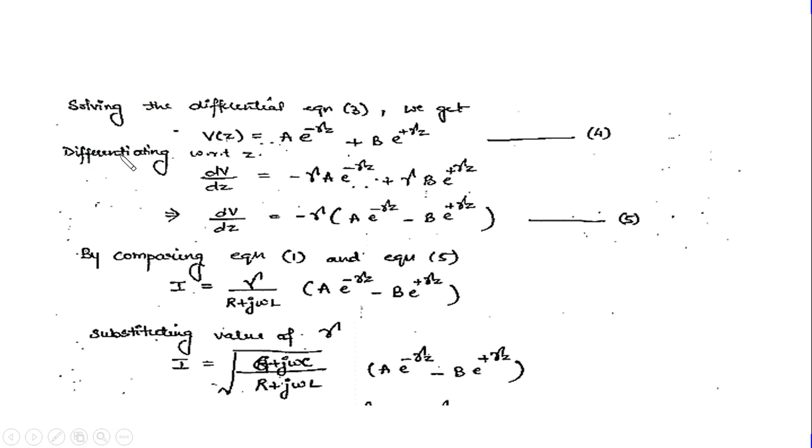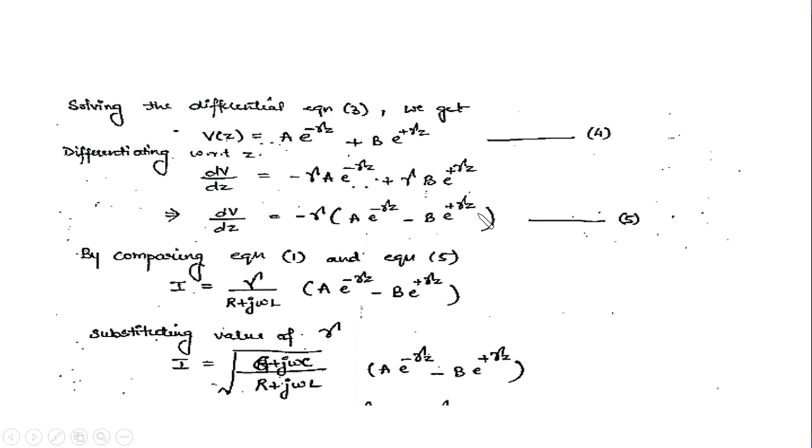Differentiating this equation with respect to z, we get dv by dz is equal to minus gamma A into e raised to power minus gamma z plus gamma B into e raised to power plus gamma z. Taking gamma common, minus gamma into A e raised to power minus gamma z minus B e raised to power gamma z.